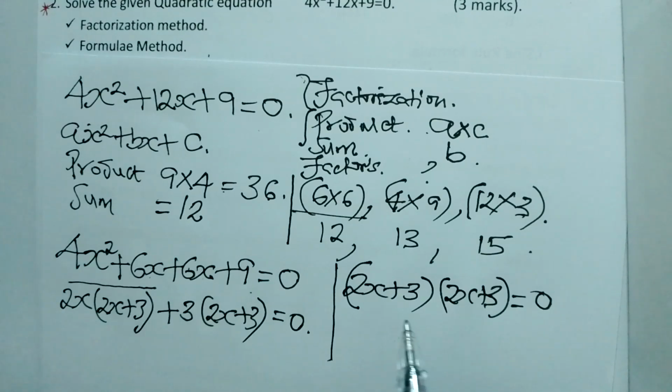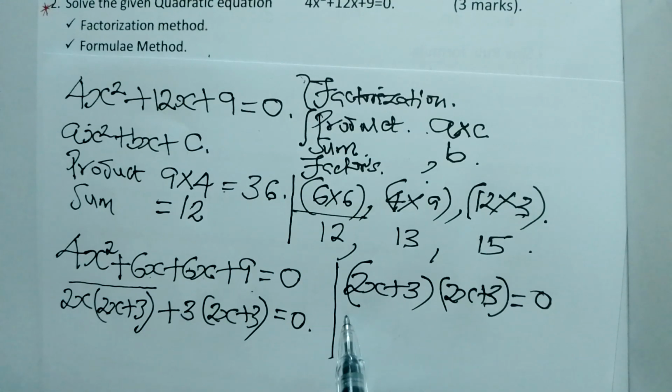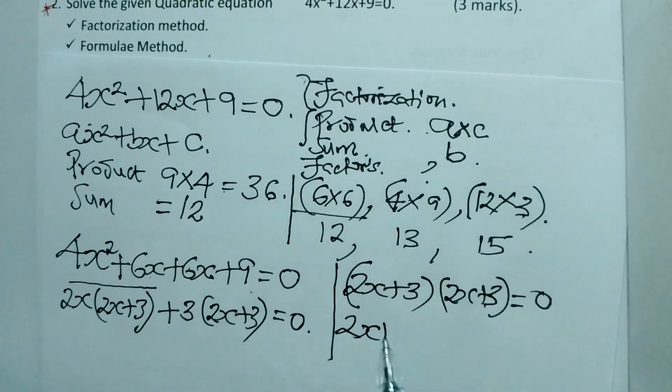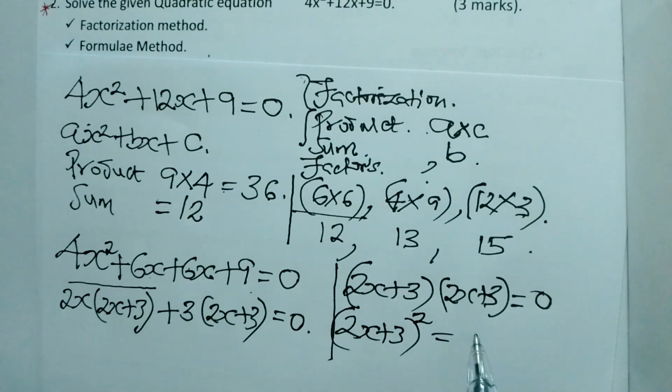So we can see that this is a product of two factors. It can be written as 2x plus 3 all squared is equal to 0.